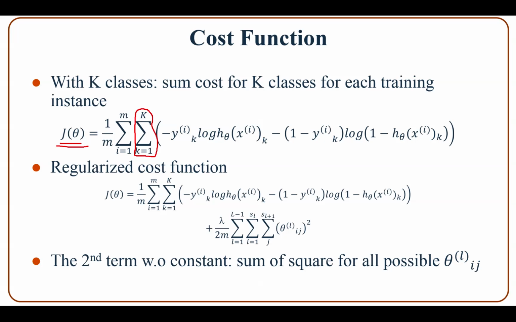The regularized cost function has an additional term, which is the sum of squares of all possible theta L i j. So all the parameters theta are included in here except theta naught. The first sum, the outermost sum, covers all the layers from layer 1 to layer L-1.